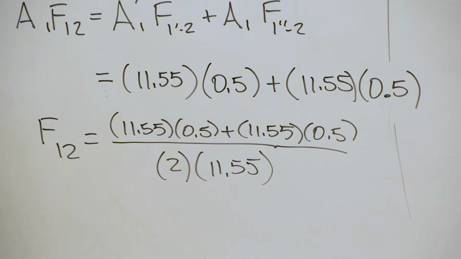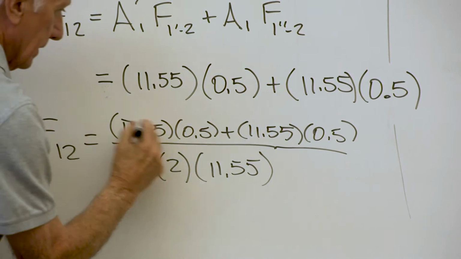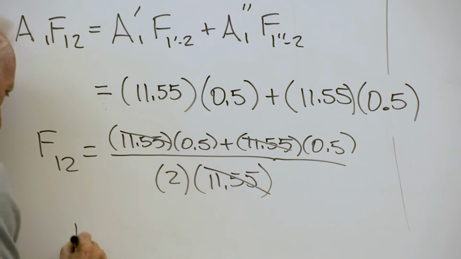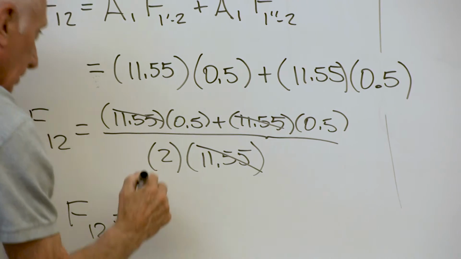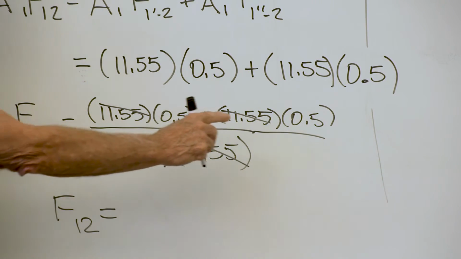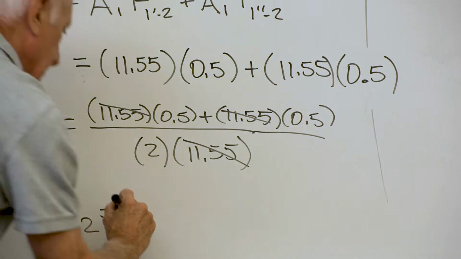A1, 2 times 11.55. Cancel, cancel, cancel. F12 equals 0.5 plus 0.5, 1, divided by 2, 1 divided by 2.